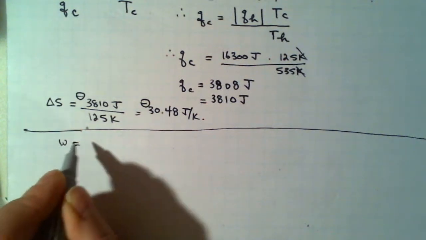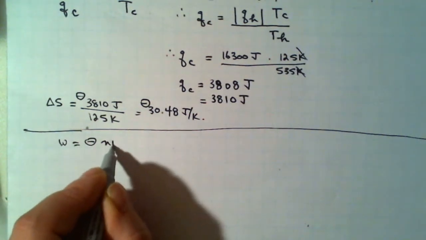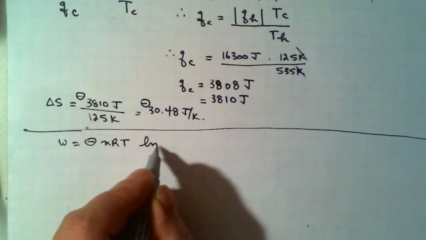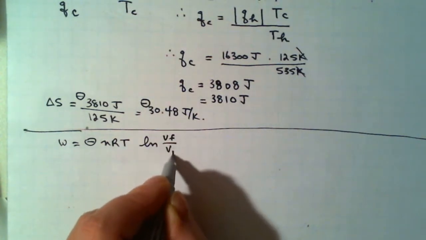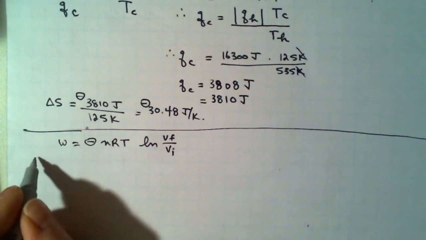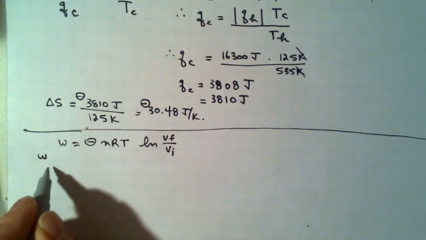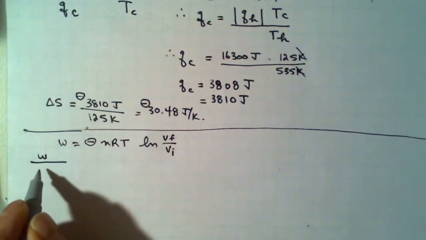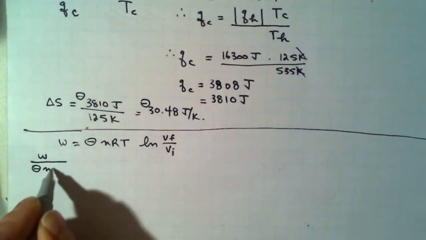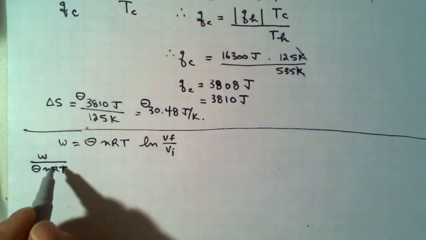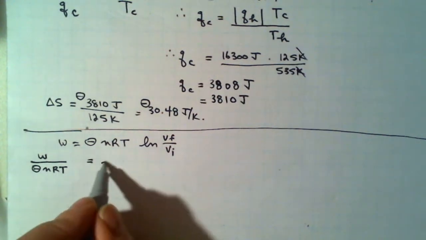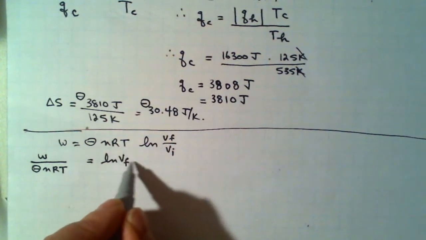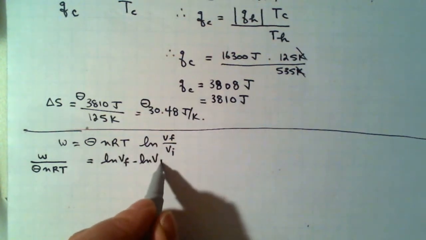Work formula is equal to minus nRT ln V final over V initial. Whatever value I have for work, I could divide that by the negative of nRT, and that will be equal to the ln of V final minus the ln of V initial.